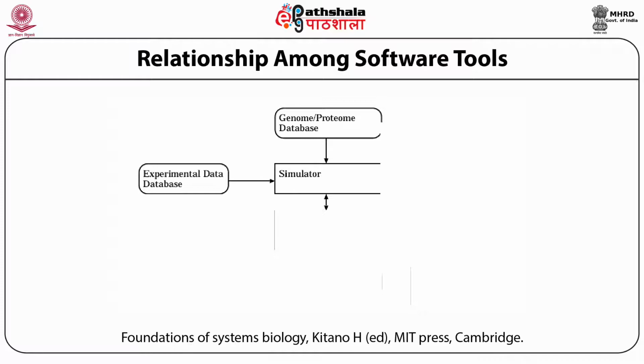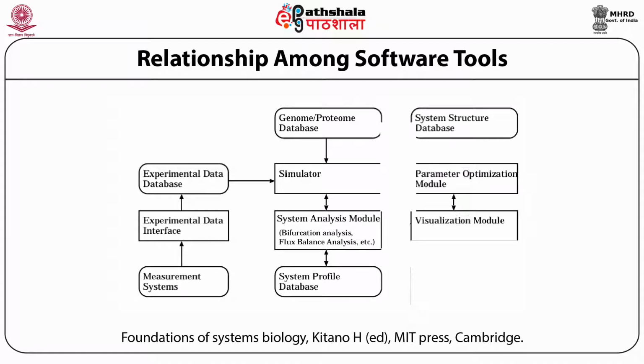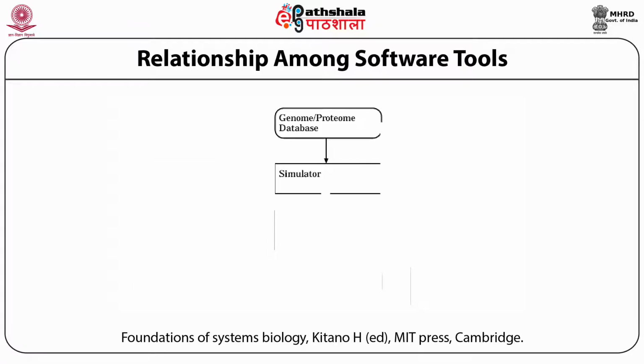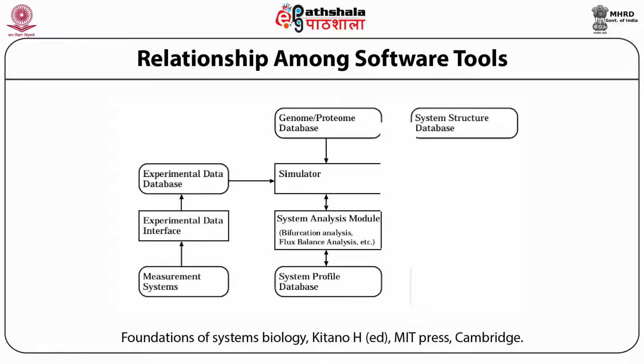Relationship among software tools. This flowchart gives us the relationship between different software tools and how they could be integrated together to perform system analysis, which we have explained earlier. For example, you have system measurements.